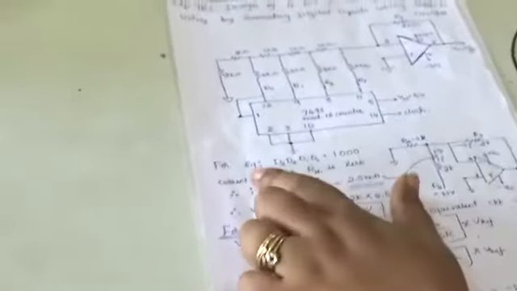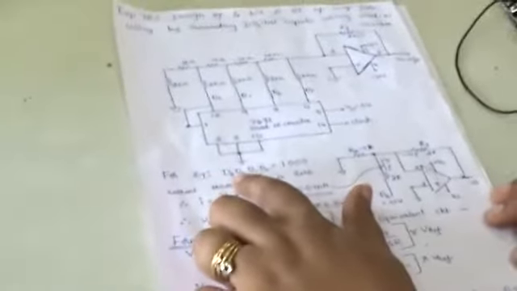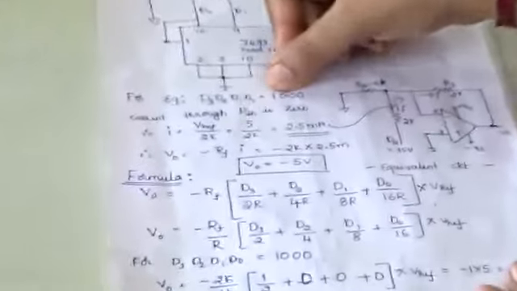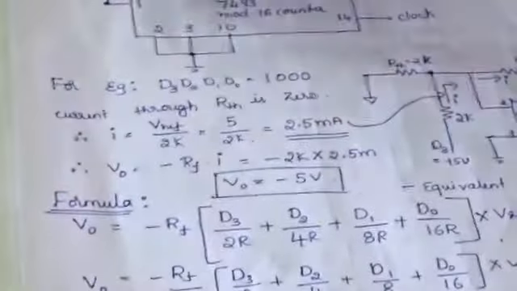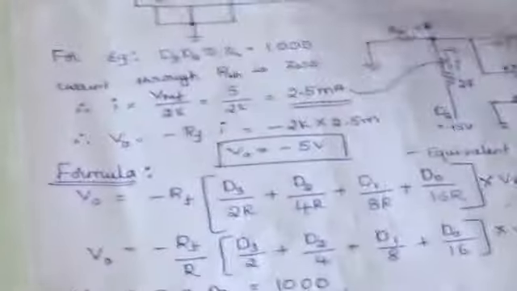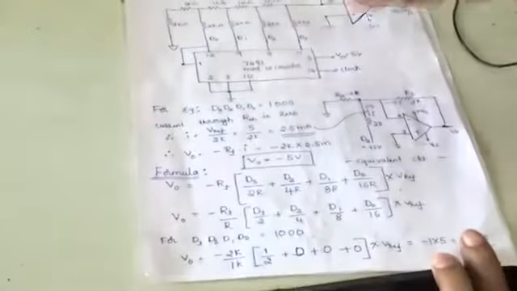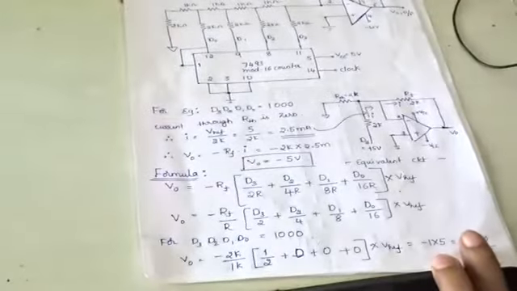I am going to explain the circuit diagram with the help of an example, by considering D3, D2, D1, D0 as 1, 0, 0, 0. That is, D3 is 1, and D2, D1, D0 are zeros. We obtain this input with the help of the counter. When I provide the clock pulses, it automatically counts from 0 to 15.